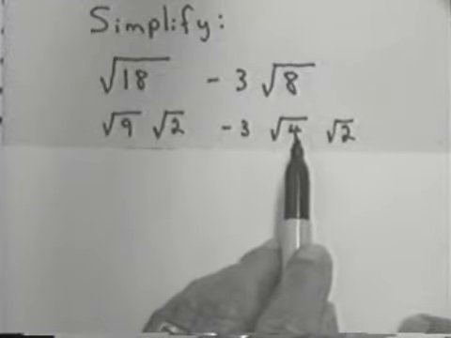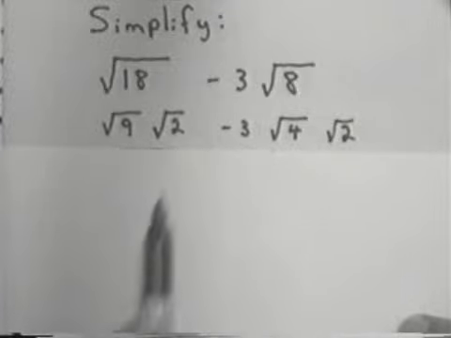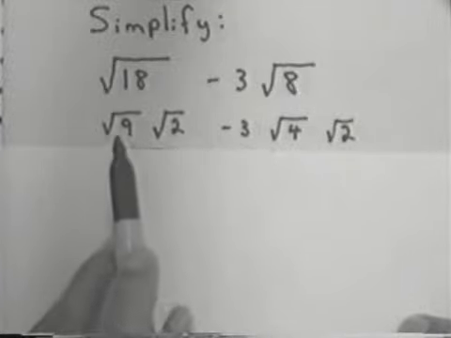So 4 is a perfect power, 2 is what's left. 9 is the perfect power, 2 is what's left. Now I can take the square root of 9 to get 3, so I have 3 times the square root of 2, minus 3 times, I can take the square root of 4 to get 2, so I'd have 3 times 2 times the square root of 2, or I have 3 times the square root of 2 minus 6 times the square root of 2.